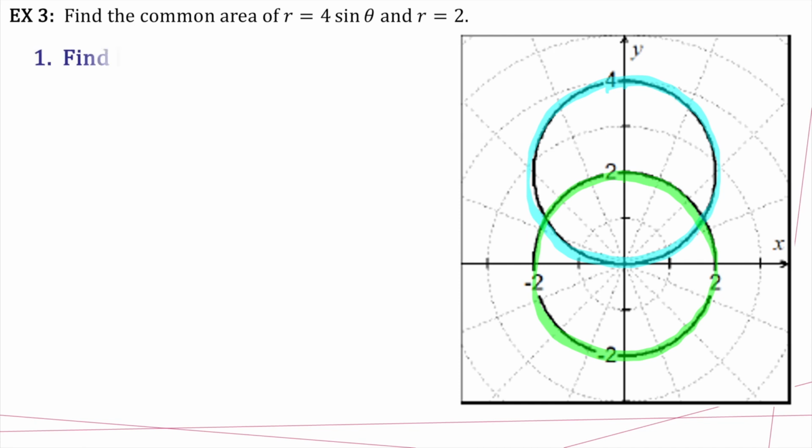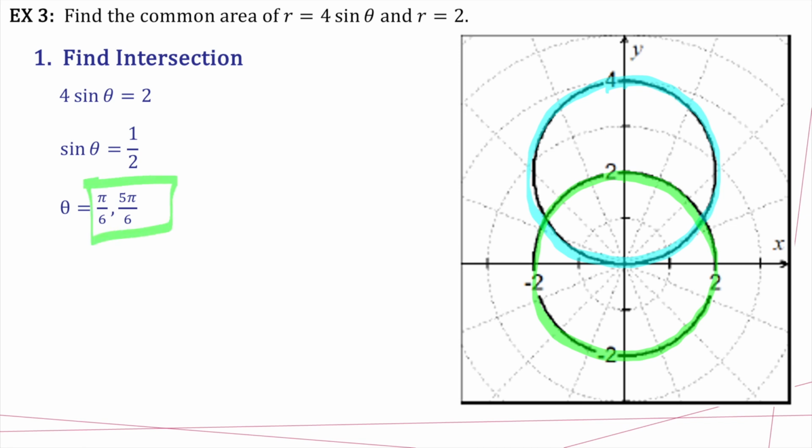So like we did before, let's find the intersection. Oh geez. Okay, so the intersections are not always pi over 6 and 5 pi over 6. They just happen to be in these examples. And let's draw the boundaries there. And then if you'll notice, between 0 and pi over 6, the only thing that's involved is 4 sine theta.